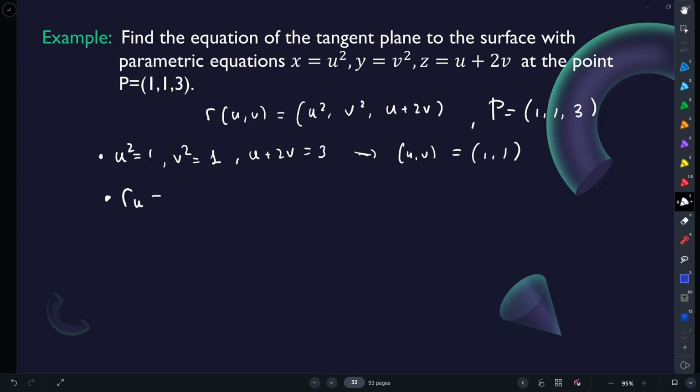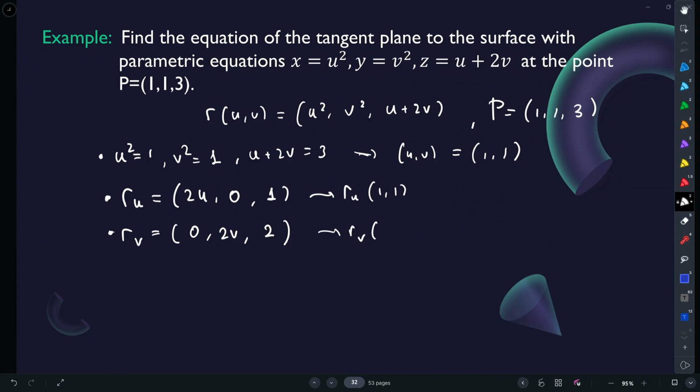The partial with respect to u is (2u, 0, 1). The partial with respect to v is (0, 2v, 2). Evaluate at the point. So what is R_u at (1, 1) and R_v at (1, 1)? That is (2, 0, 1), and this is (0, 2, 2).